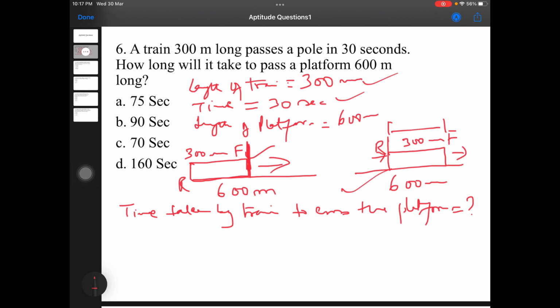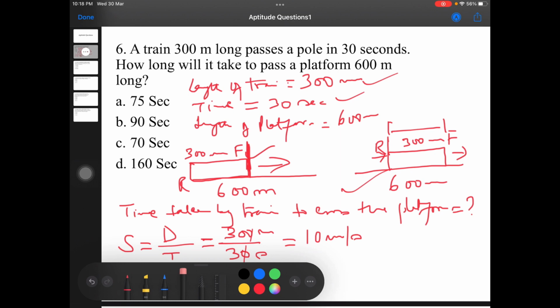So from this given data, we can find the speed of the train. The formula for speed is distance divided by time. The distance is the length of the train, which is 300 meters, and the time is 30 seconds. So it will be 10 meters per second. That is the speed of the train.